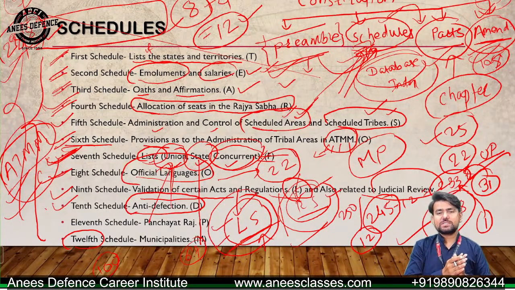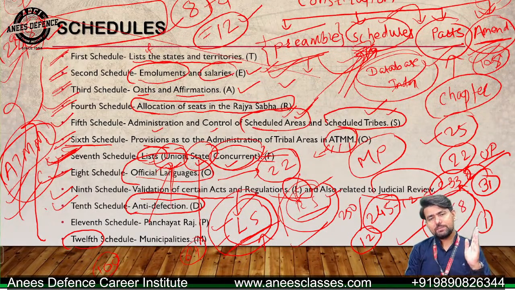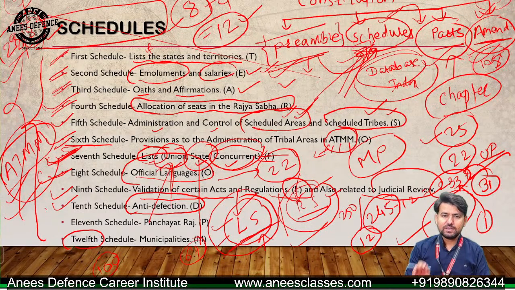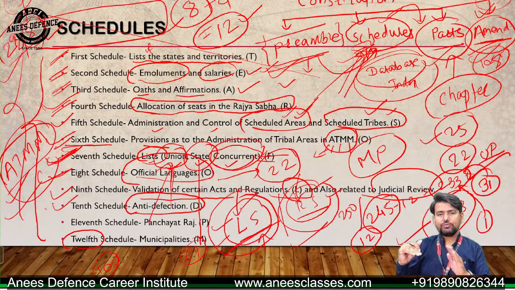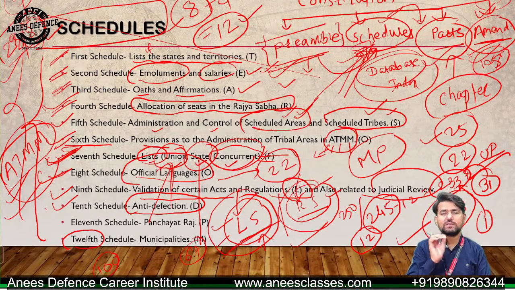So whenever the elected members, whether they are the MLAs of your state or MPs of the Union, it is applicable to all those representatives, either MLA or MP. Whenever a person who was elected on a particular ticket of a particular political party switches the party after getting elected, then the anti-defection law will be applicable to them.